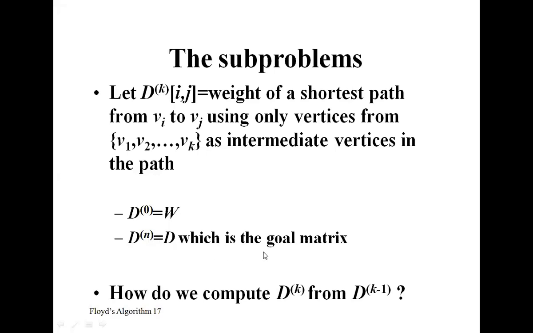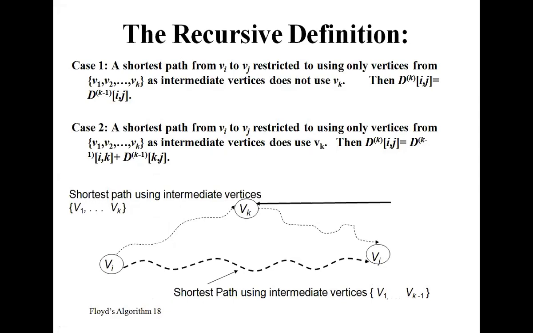dn, which is the goal matrix, since that is the solution we need. How do we compute dk from dk minus 1? From the previous one, how do we compute the present shortest path? So the recursive definition: case 1, a shortest path from vi to vj restricted to using only vertices from v1 to vk as intermediate vertices does not use vk.